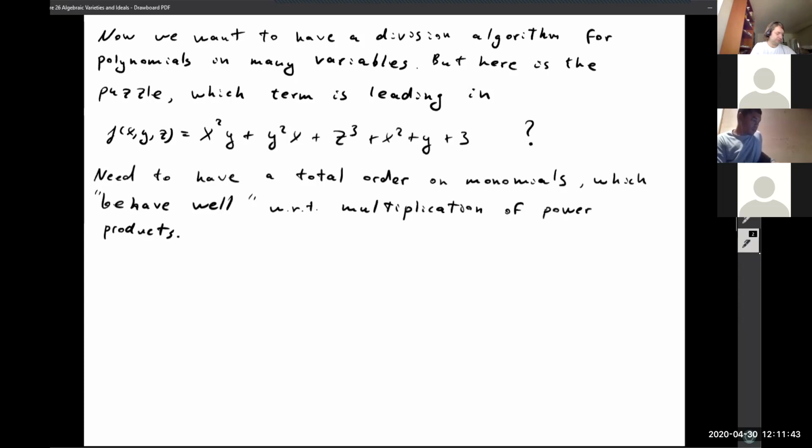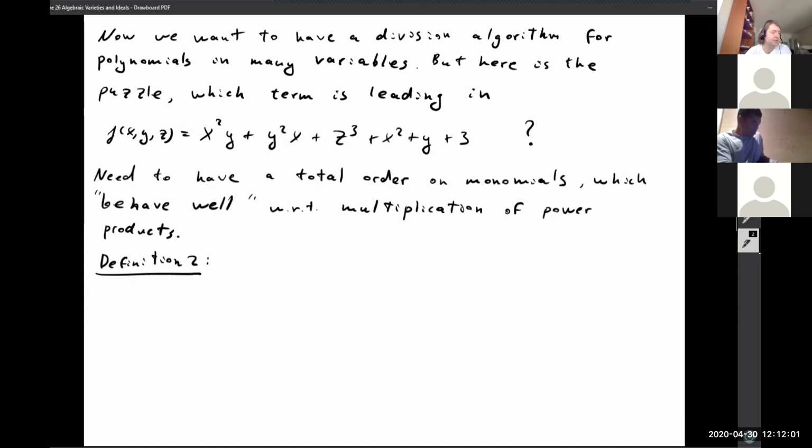Okay, so let me explain what it means to behave well. That will be definition 2.